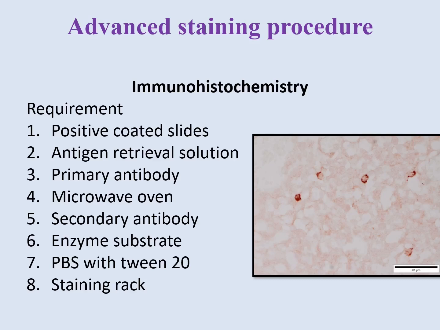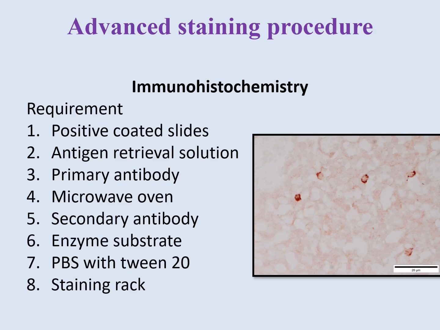After that, we have to put the primary antibody. The primary antibody is against the antigen or our point of interest, which can be some infectious agent such as coronavirus, rotavirus, or any other bacteria or virus. Or it can be non-infectious things, such as in tumor diagnosis, where we target the cellular components for the diagnosis.